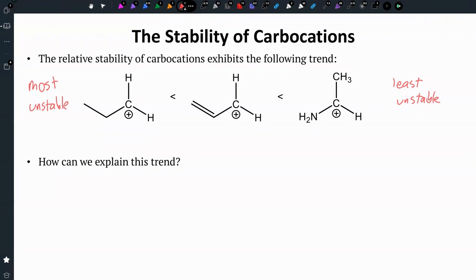Try and come up with some sort of explanation for why the one with the alkene next door is more stable than the one with just an alkyl group next door. And the one with the nitrogen next door is even less unstable than the one with the alkene next door. I'm going to pause, give you a minute to think about that, and then we'll resume.